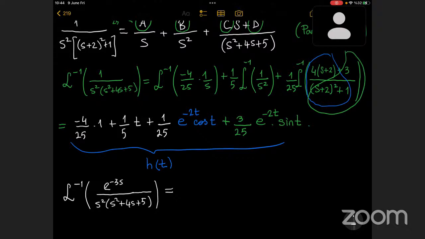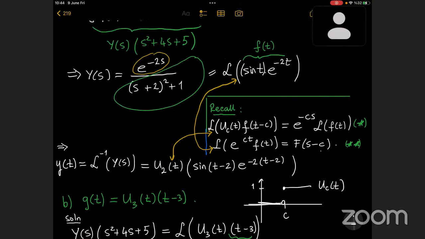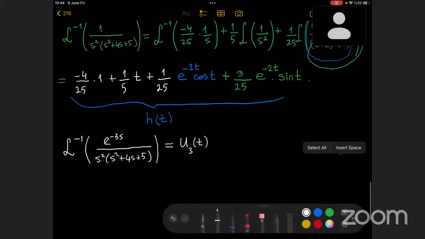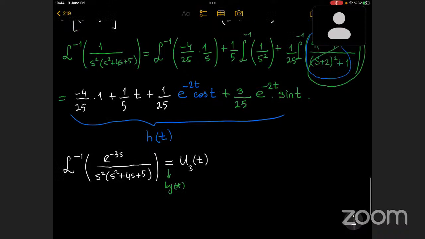U of the step function at 3 değil mi? Şimdi şu şeyi kullanıyoruz. Hangi formülü kullanıyoruz? Birinci formülü kullanıyoruz. Star. Maybe let's write here by star. Again. This is U of 3 times h of t minus 3. Tekrar bunu uzun uzun yazmayayım. H of t yukarıda yazmıştık değil mi? Şurada. T yerine t eksi 3 koyacaksınız. Bu olacak. Var mı soru bununla ilgili?